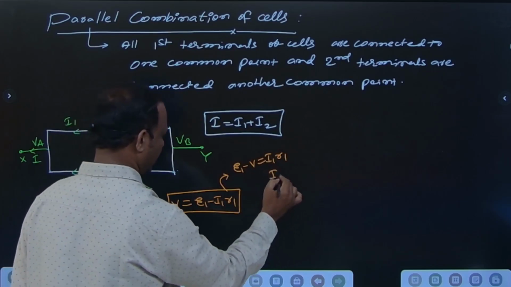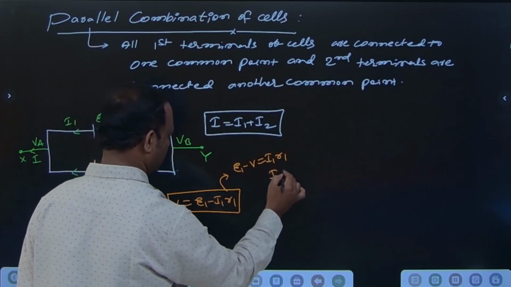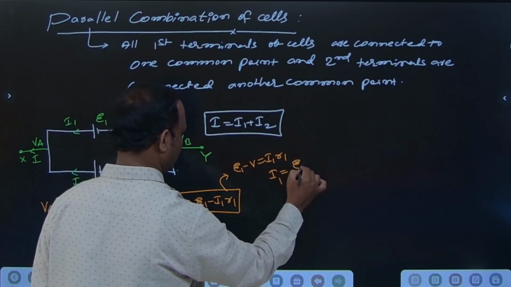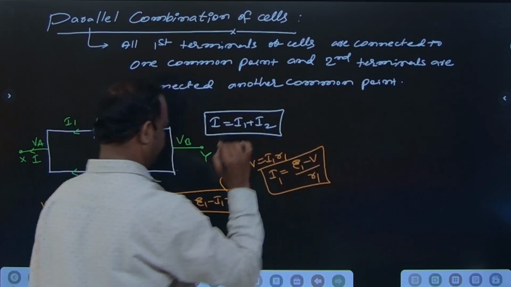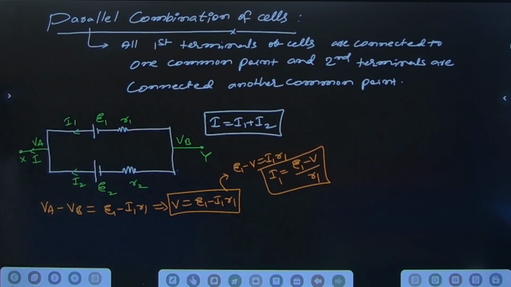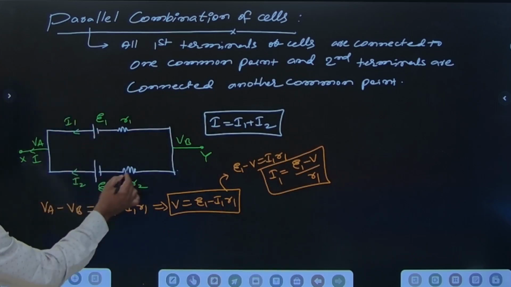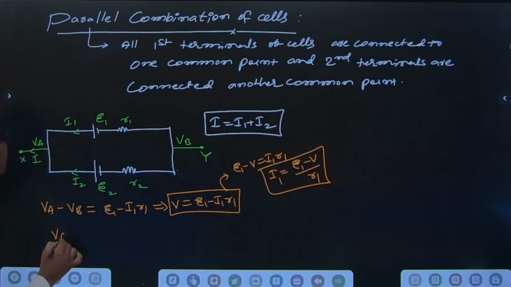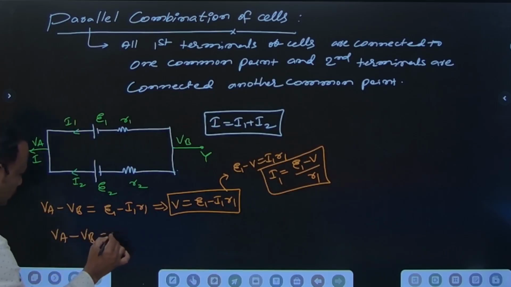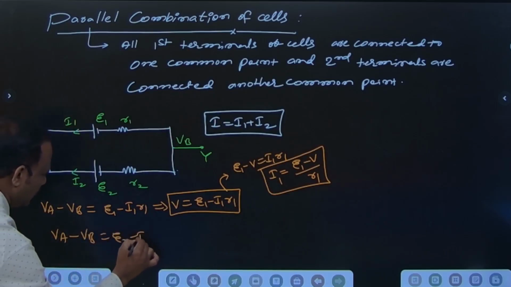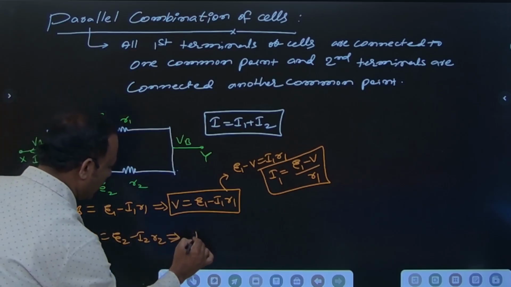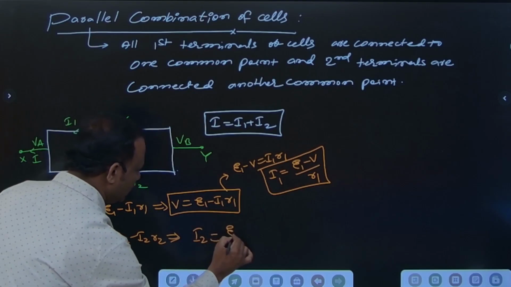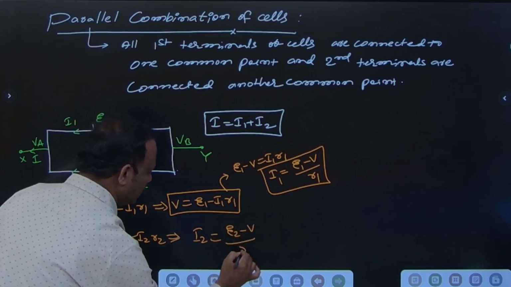So I1 is equal to E1 minus V by R1. Similarly for the second cell, VA minus VB is equal to E2 minus I2 R2, so I2 is equal to E2 minus V by R2.